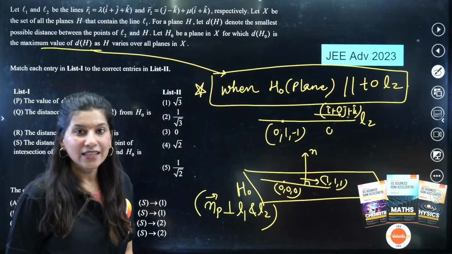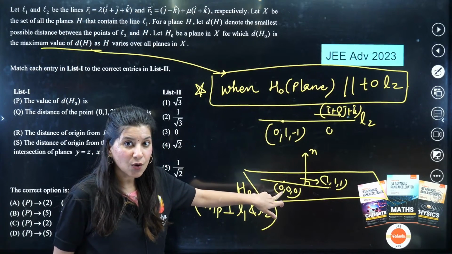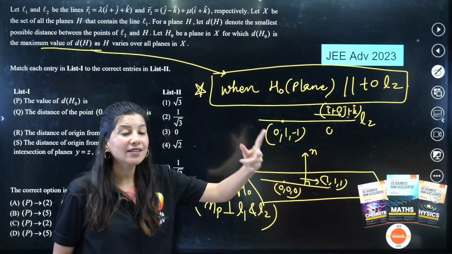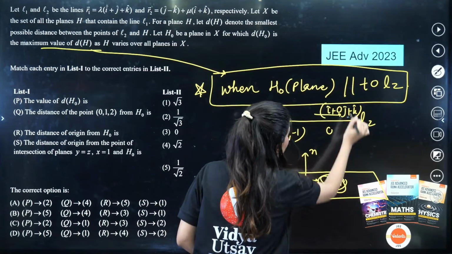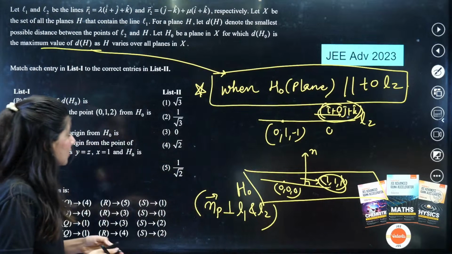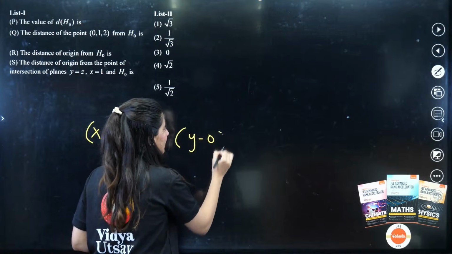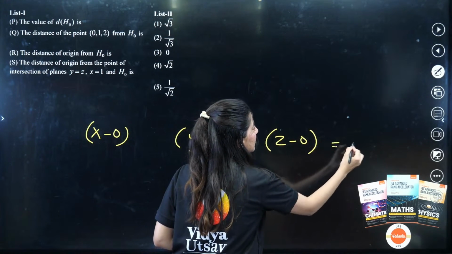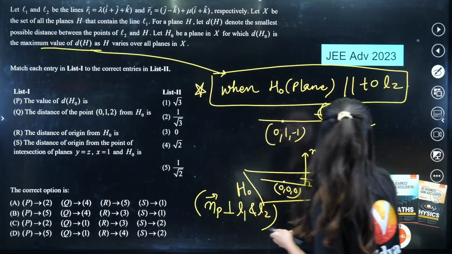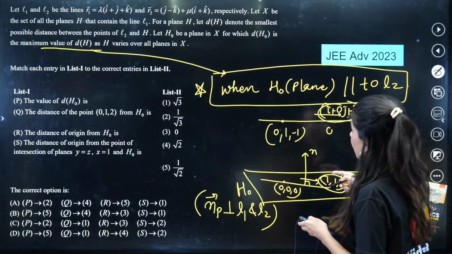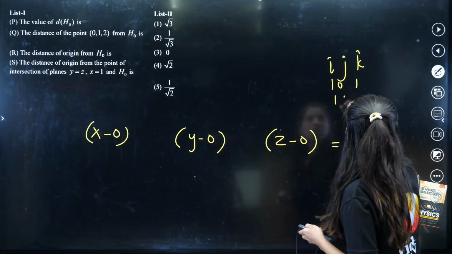So basically your plane H0 is passing through 0, 0, 0 and its normal vector is given by taking the cross product of line number 1 and line number 2. Let us do that. So 0, 0, 0 is the point my plane is passing through, x minus 0, y minus 0, z minus 0 is equal to 0. And now if I just take the cross product, so i cap, j cap, k cap, 1, 0, 1, 1, 1, 1.